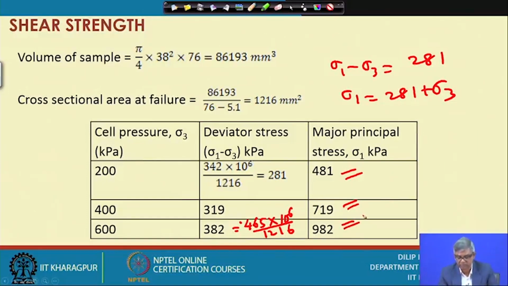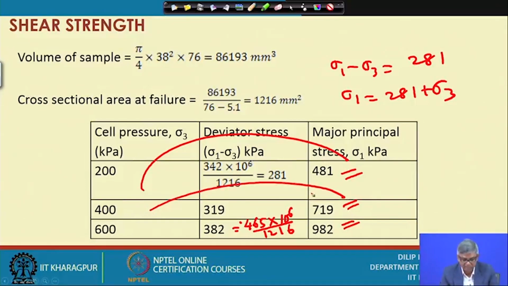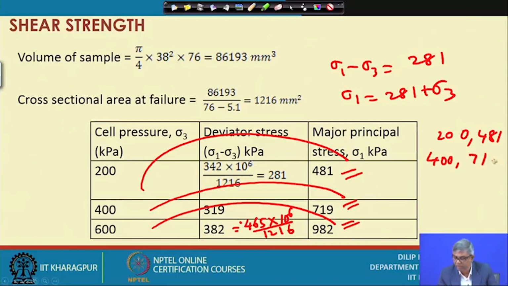So, we get 200 and 481 as one data, 400 and 719, and 600 and 982. So, we can draw 3 circles now.